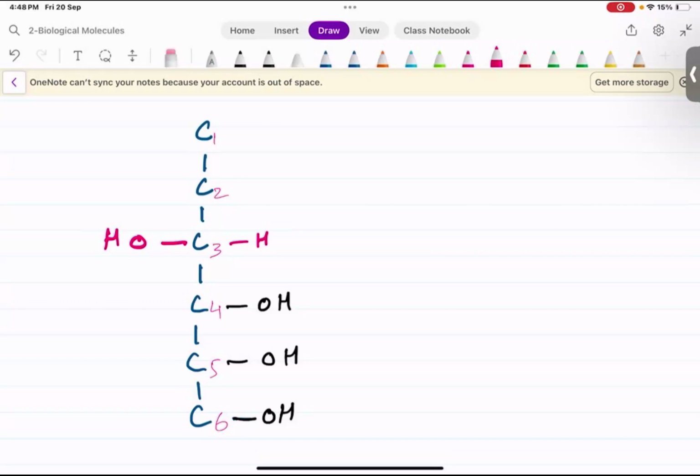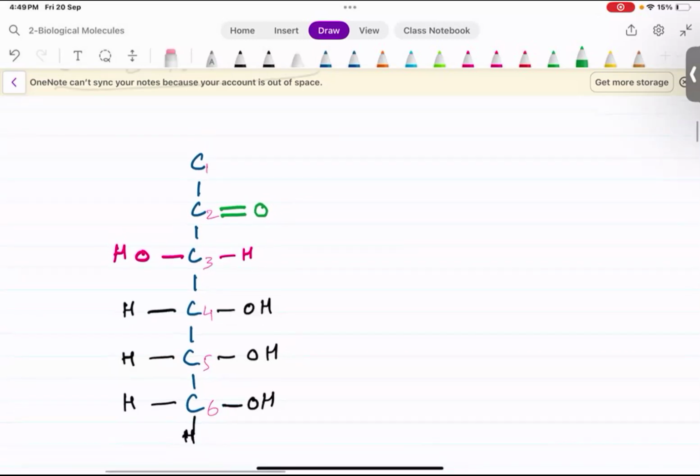The rest of the others have hydrogen, hydrogen, hydrogen, and hydrogen here. Okay. Carbon number 2, we are talking about fructose, has a double bonded oxygen here. And carbon number 1 has an OH here, an H here, and an H here.